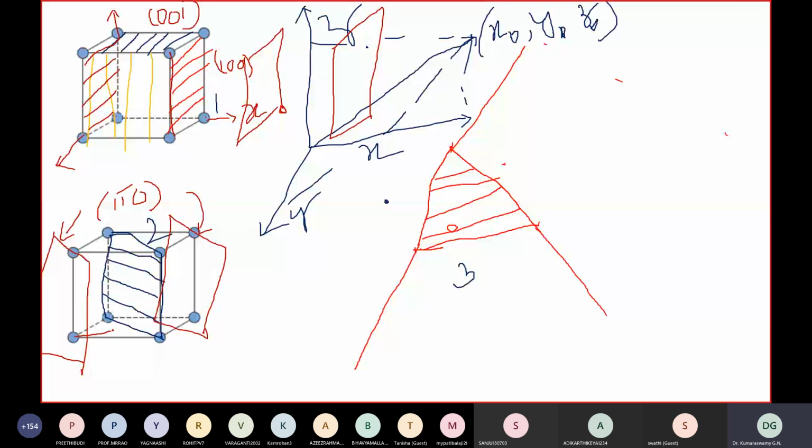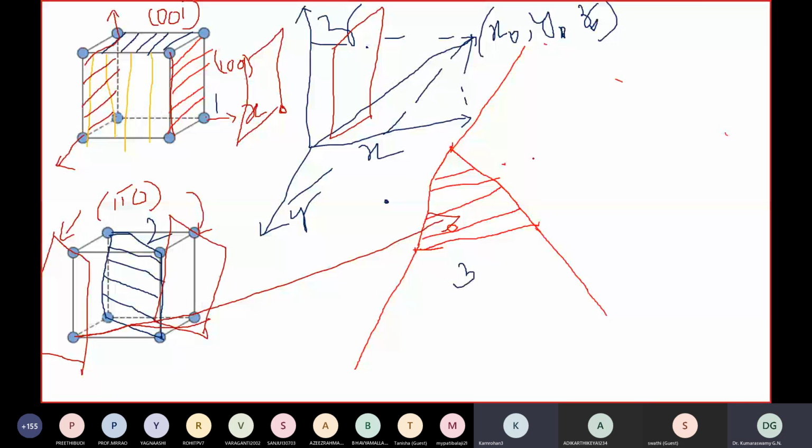This is the normal to this plane. So you move in this direction and go on checking the planes perpendicular to this normal or this line, you always get 1 bar 0 plane. Sir, with respect to that last point, we can represent it as minus 1 and 0 plane also, no?